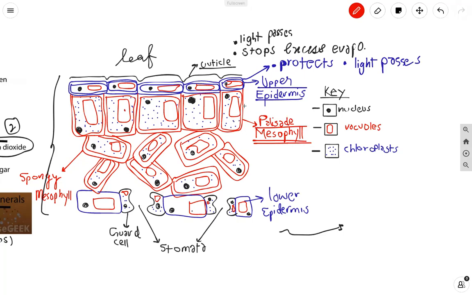We can see that the structure is slightly different from the other cells that we see here. These cells are very tightly packed and slightly more elongated than the leaf, which means that the substances inside of the cell would be more in quantity.